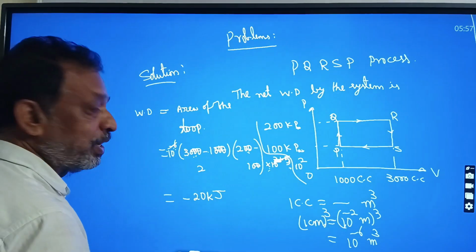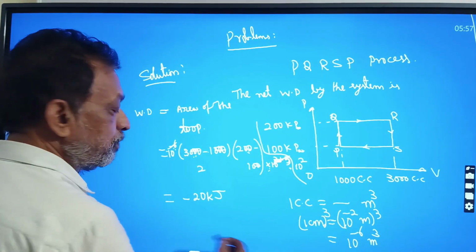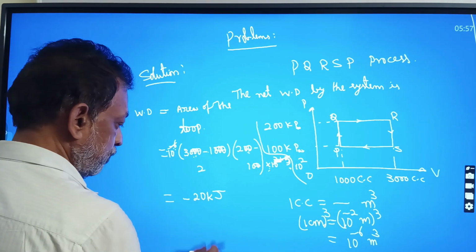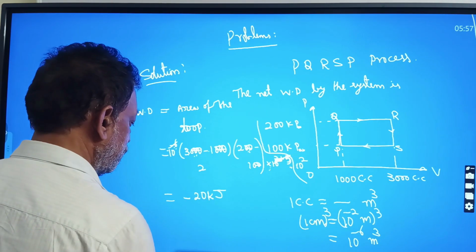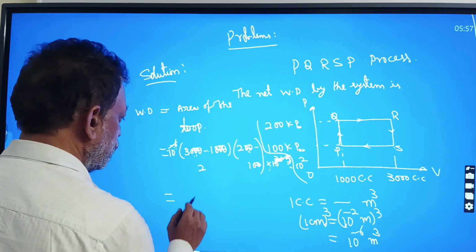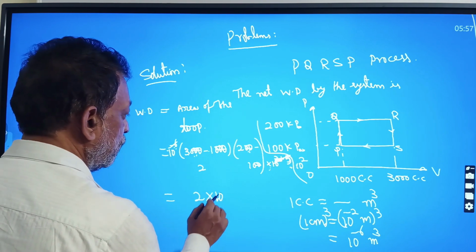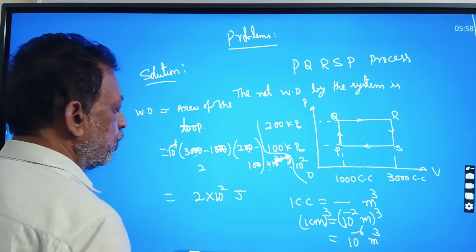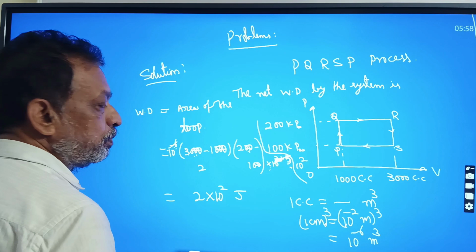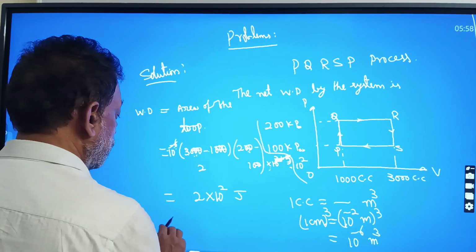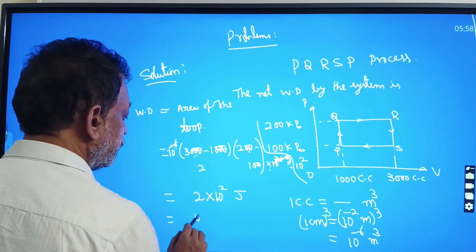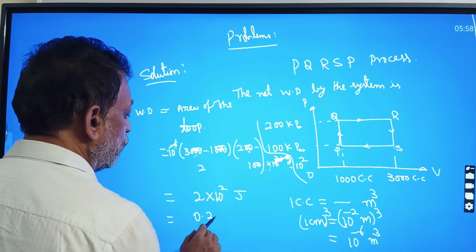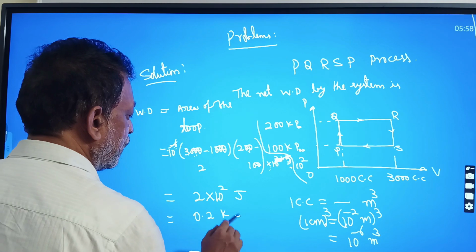Plus 3. That is 2. So 2 into 10 to the power of 2 joule. So I can keep kilo as it is. Kilo is not important. 0.2 kilojoule. Okay.